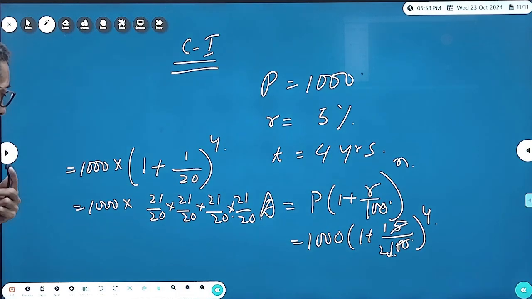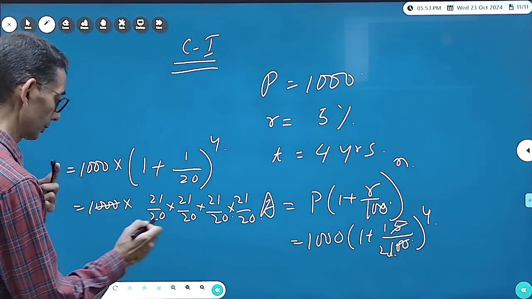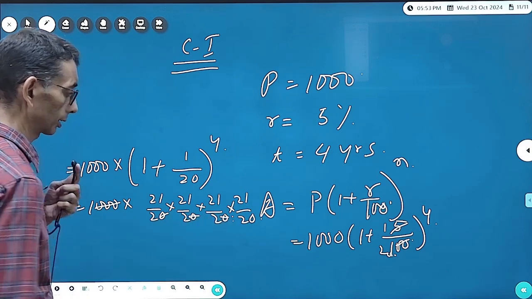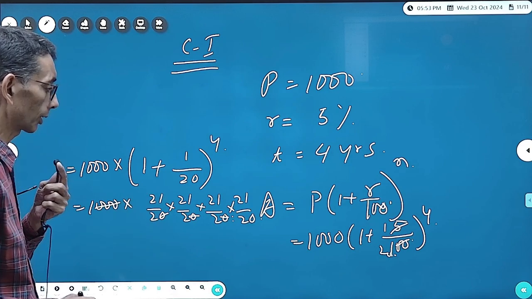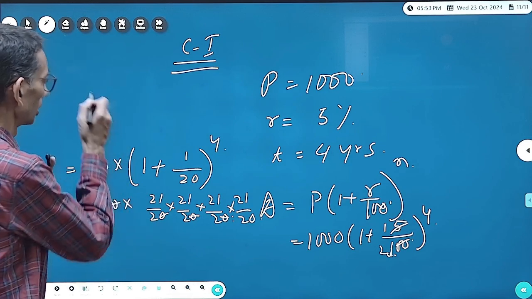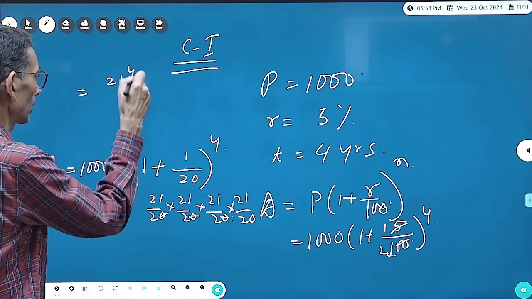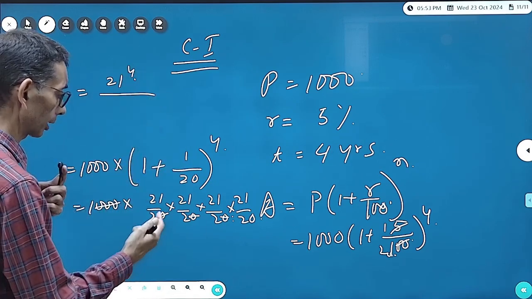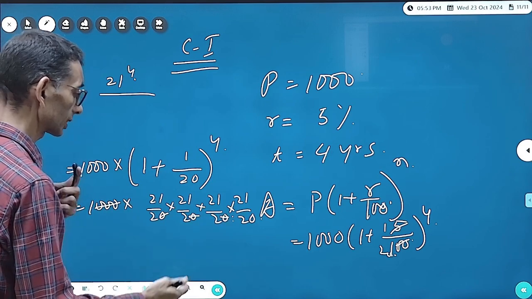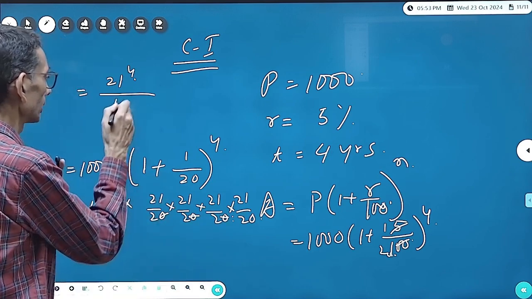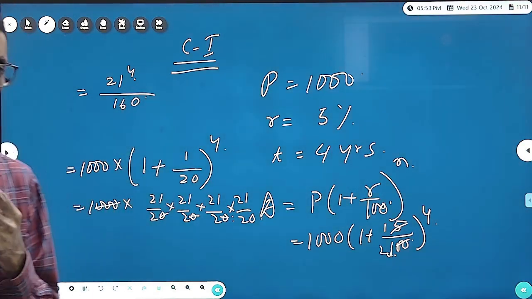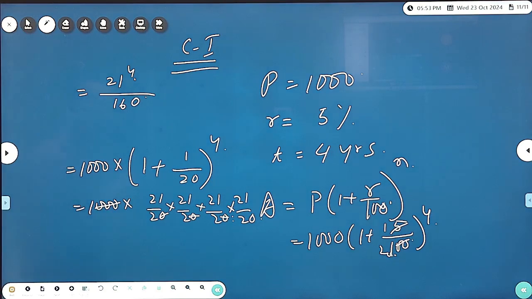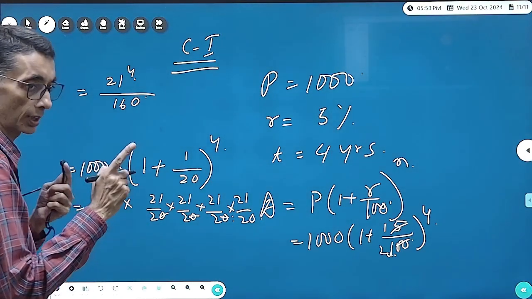Now the 3 zeros cancel out. Multiply 21 four times, and below there will be 2 into 2 into 2 into 2, 16 into 10, 160.